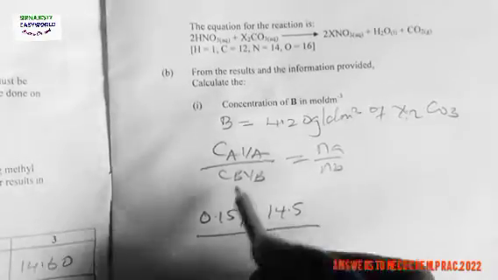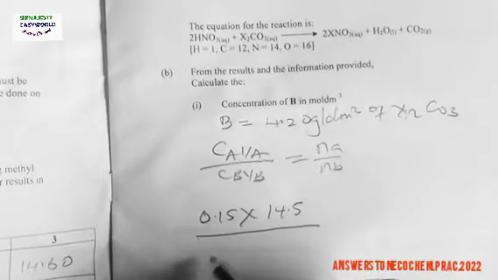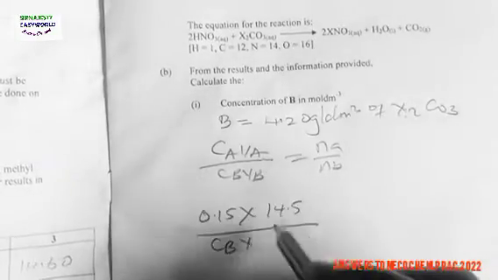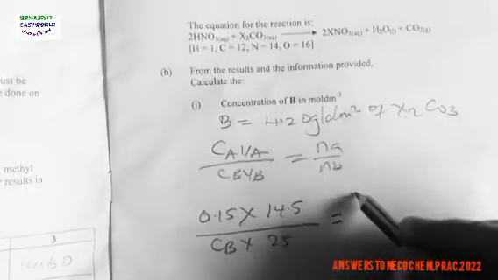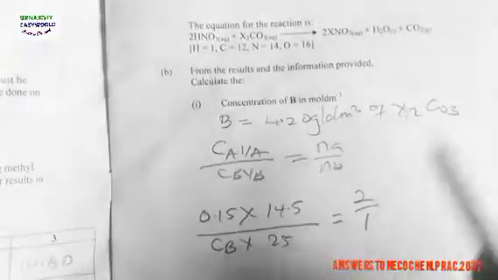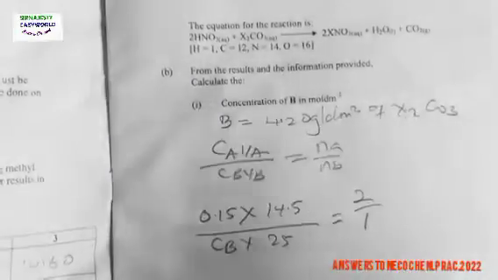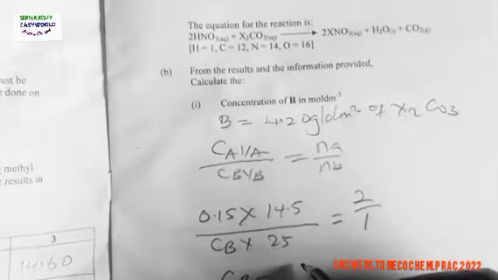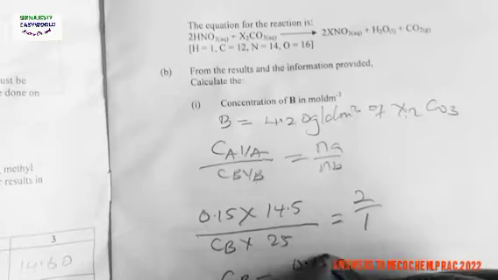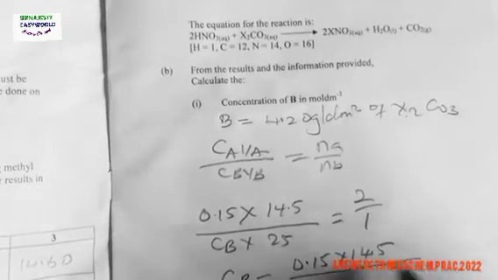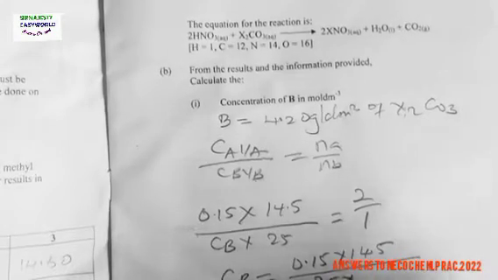Then divide by the concentration of the base, which is what we are looking for, that's the mole per dm³, CB, times the volume of the base, which is the volume of the pipette, equal to 2 over 1. The mole ratio of acid, according to this equation, is 2, and the mole ratio of base is 1. Therefore, we get CB equal to 0.15 times 14.5, of course, you cross multiply, divided by 25 times 2.